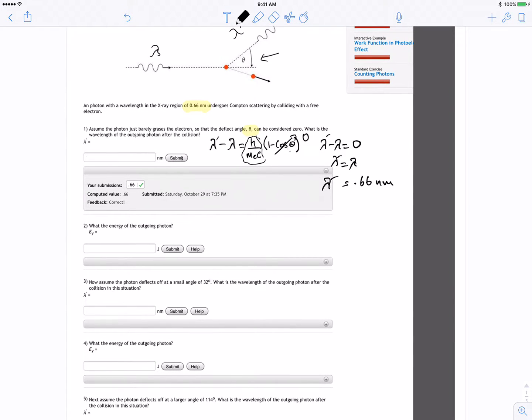What is the energy of the outgoing photon? The energy is equal to hc divided by lambda.